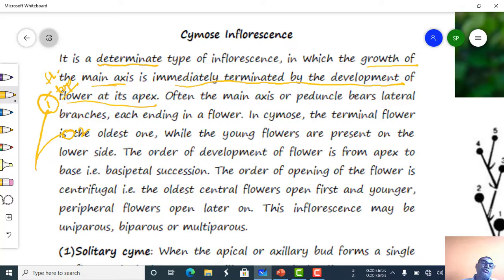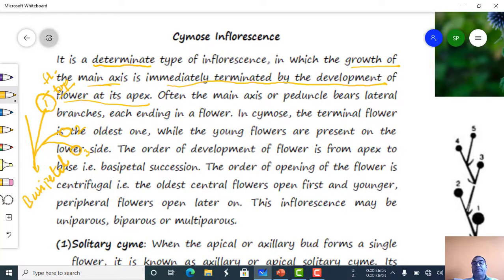Again, this becomes the primary peduncle, and it will produce a third peduncle or lateral axis, which again terminates in a flower. This succession is called basipetal succession. So often the main axis or peduncle bears lateral branches, each ending in a flower.